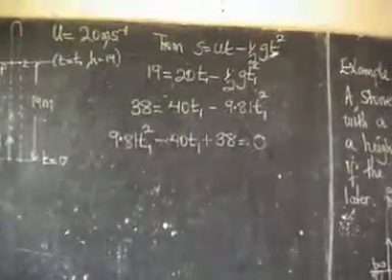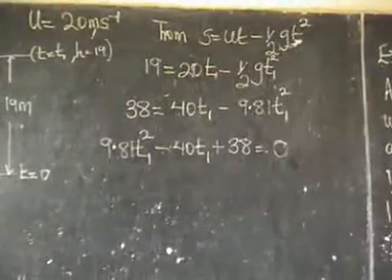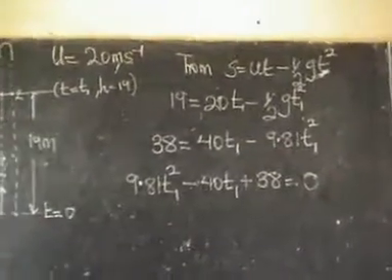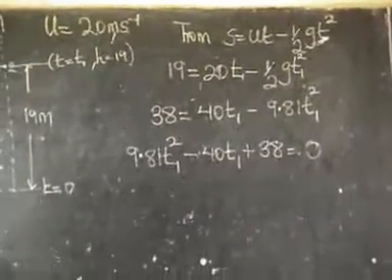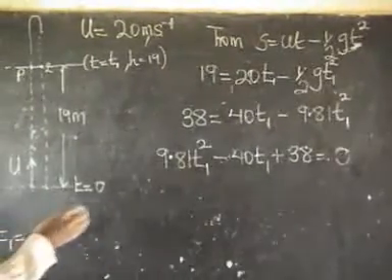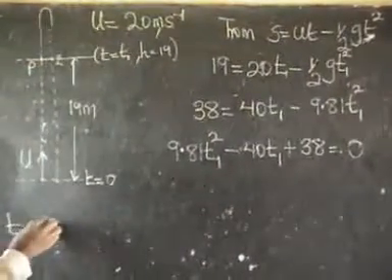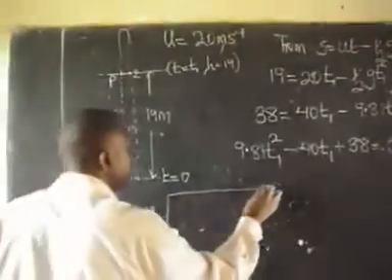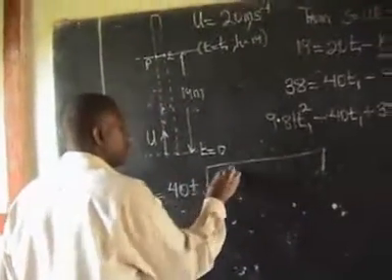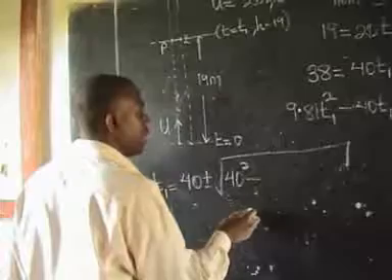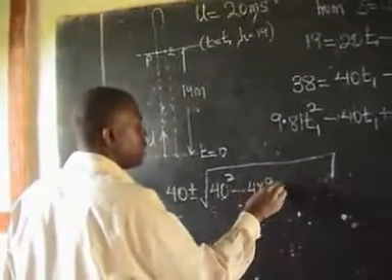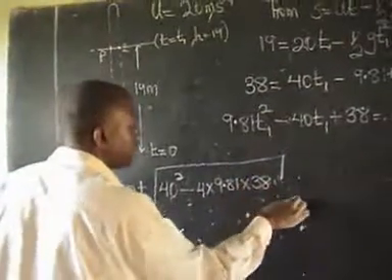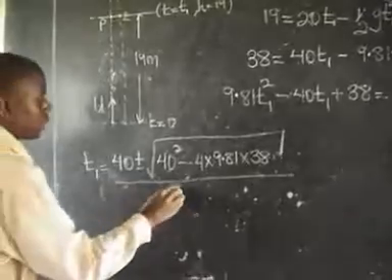So this one is now a quadratic equation in t, and we are now going to use the general formula for calculating t. In that case, t1 will be equal to negative b, since this is now our b, so we shall have 40 plus or minus the square root of 40 squared minus 4 times 9.81 times 38, divided by 2a.